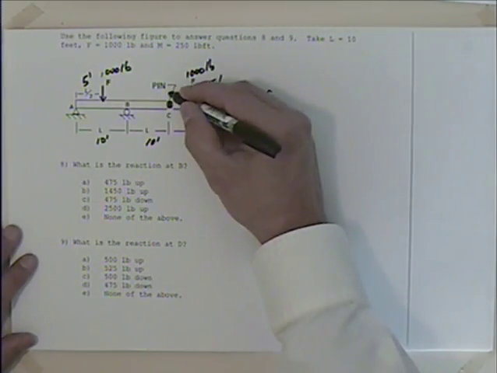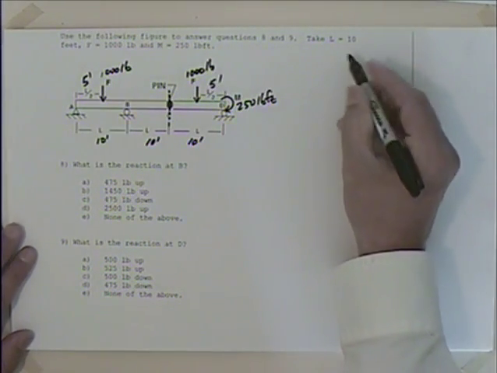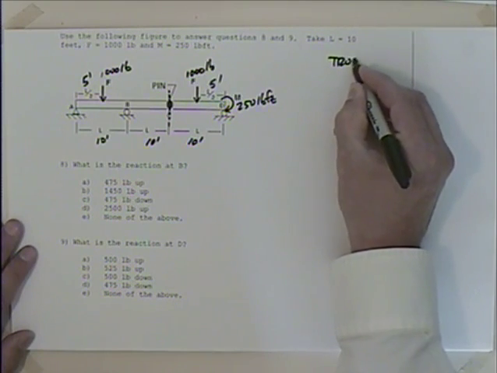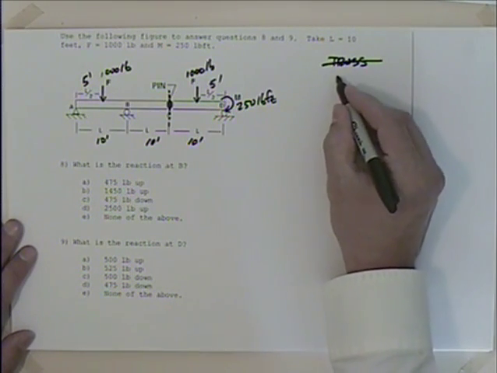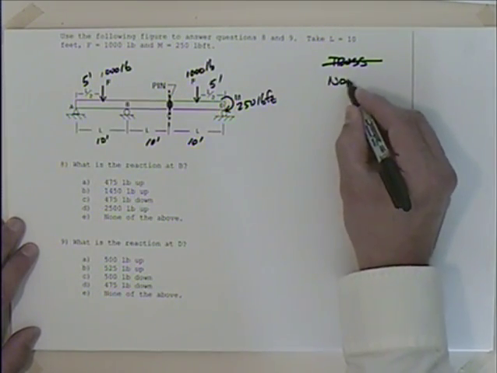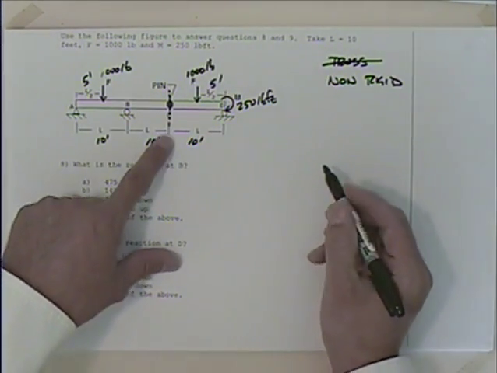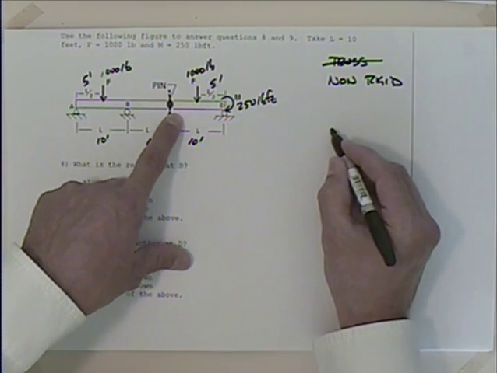Well, what you're going to want to do is take this thing apart. Technically, it's not a truss. Okay, so that means it's a frame or a machine. And if I look at removing the reactions, it is non-rigid. Okay, so that means I'm going to take it apart. So what I want to do is look at this little right-hand side.